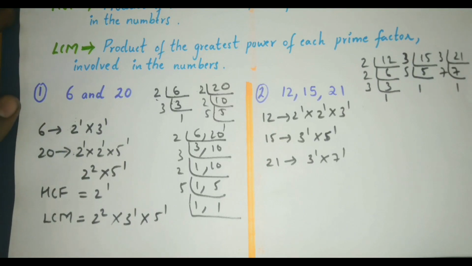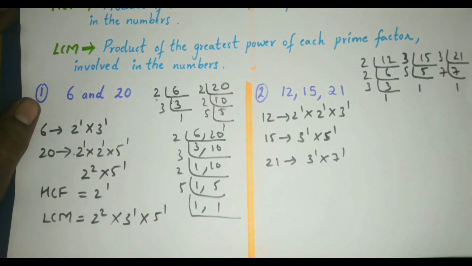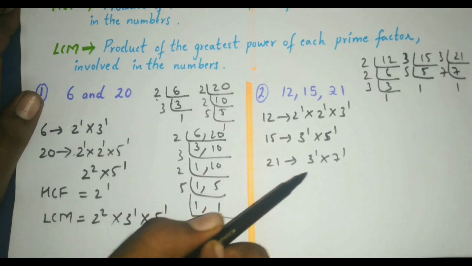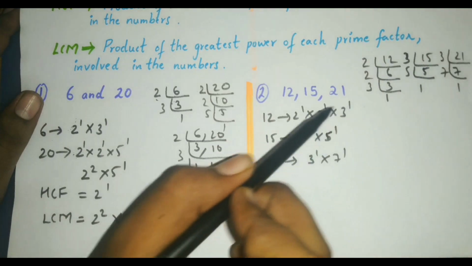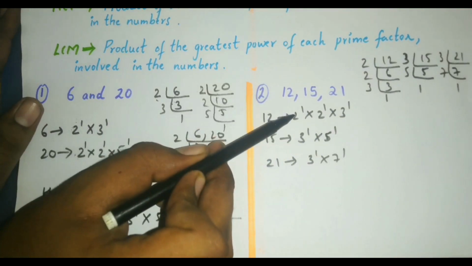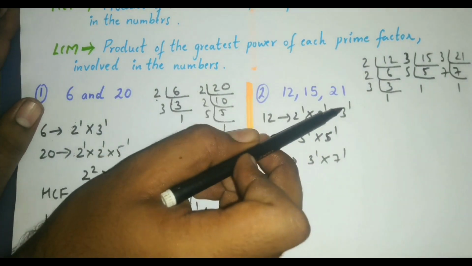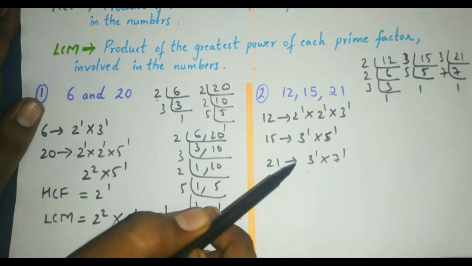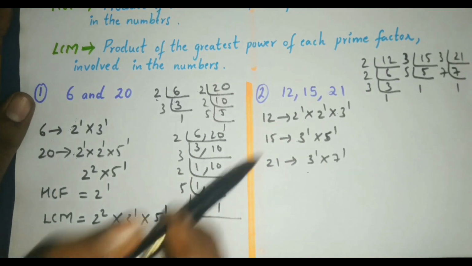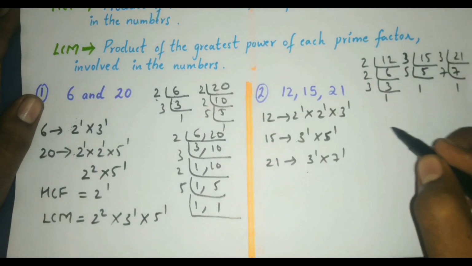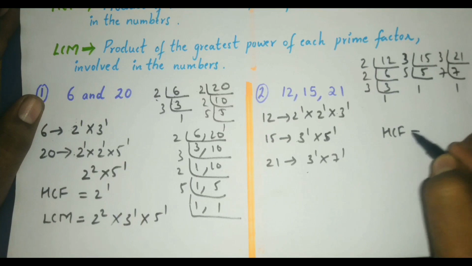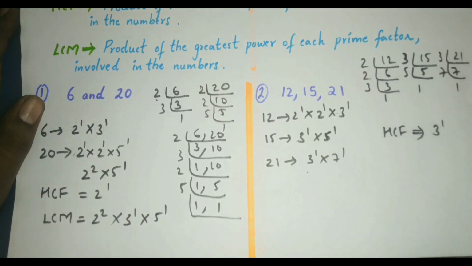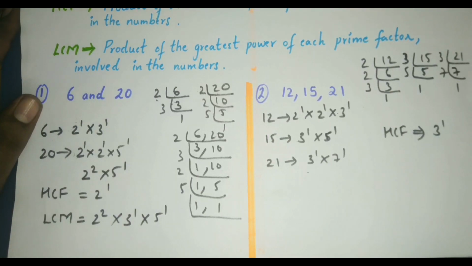Basically now for finding the HCF you have to see the smallest powers of each common prime factor. When you see what is common over here, you can observe that 2 power 1 is not common, 3 power 1 is there in 12 also, 15 also, 21 also. Any other number? No, right? So we can write HCF is nothing but 3 power 1.